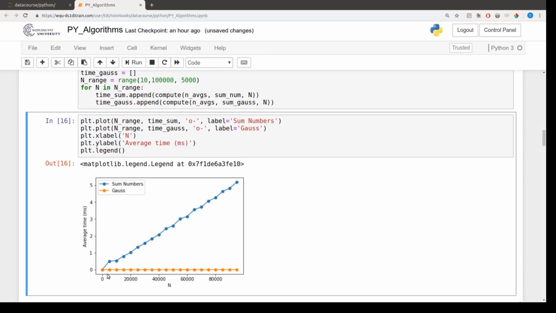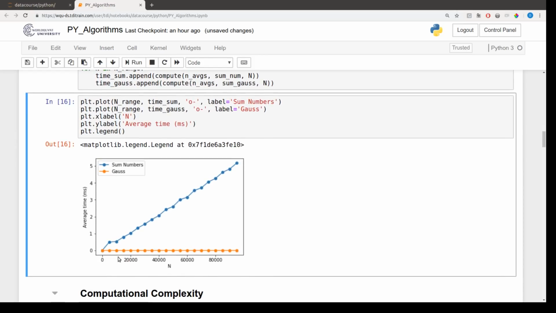So as the number n, where we're computing the sum of all the numbers from 1 to n, grows, our sum using the Gaussian formula stays the same the entire time. It's just flat. It takes the same amount of time no matter how big n is.